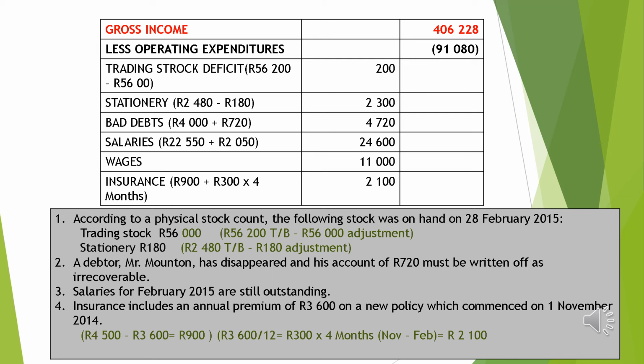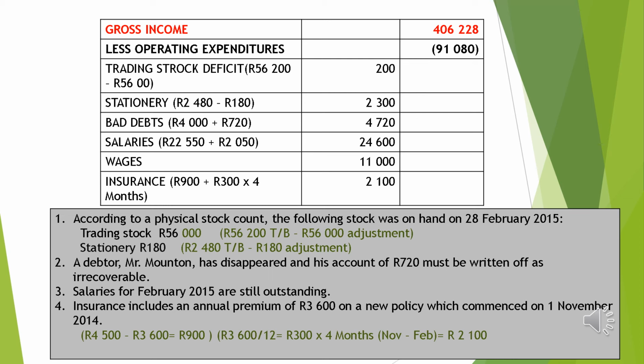Then we say 22,550 divided by 11, you get 2,050, which is the amount of salaries that we pay monthly. Then we add salaries of 2,050 for February, then we get a total amount of 24,600.